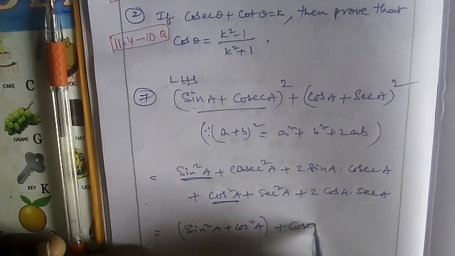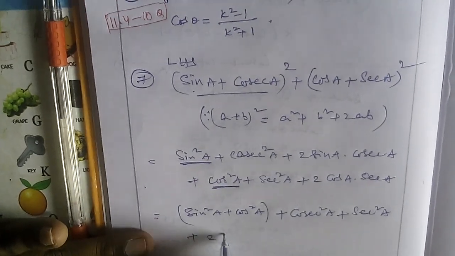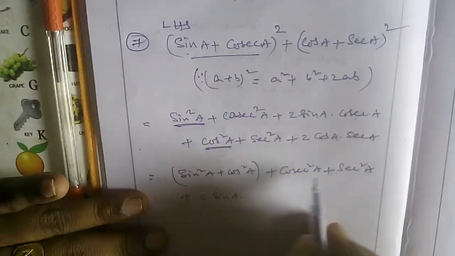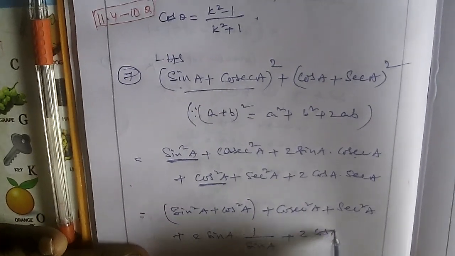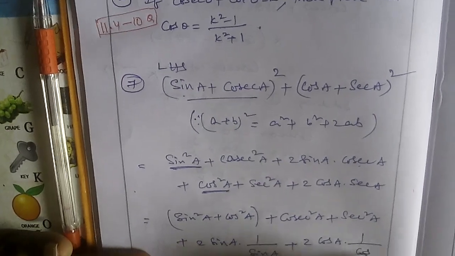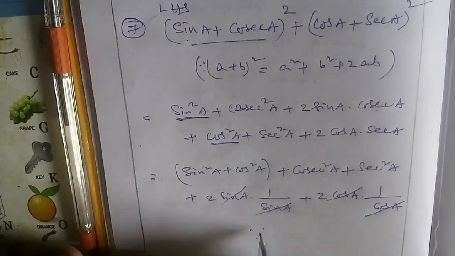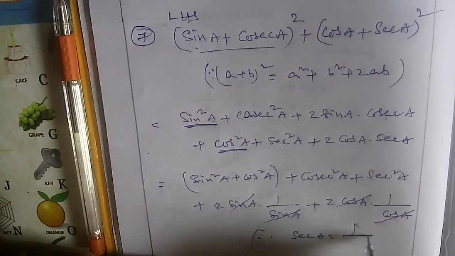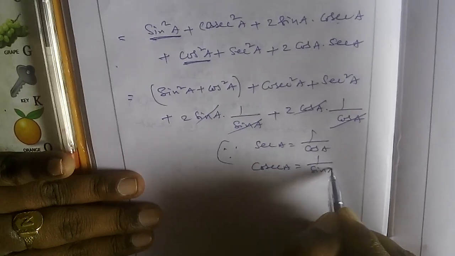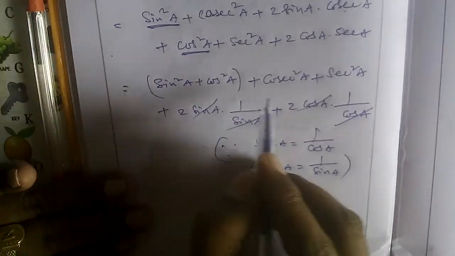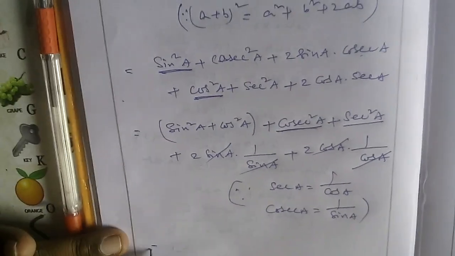Cosec square A plus sec square A plus 2 into sin A into cos A means 1 by sin A, plus 2 into cos A sec A means 1 by cos A. I am cancelling cos A and sin A, since sec A is equal to 1 by cos A, cosec A is equal to 1 by sin A. So the remaining terms are cosec square A and sec square A. Sin square A plus cos square A is equal to 1.